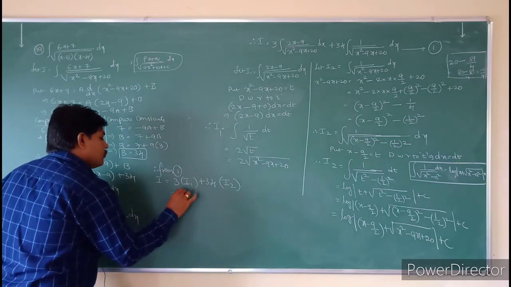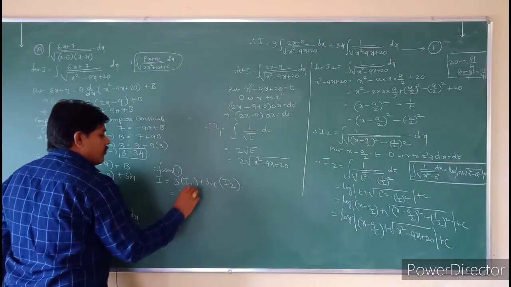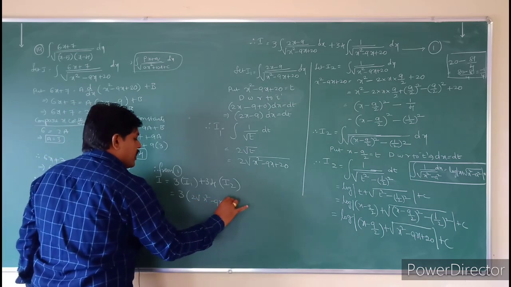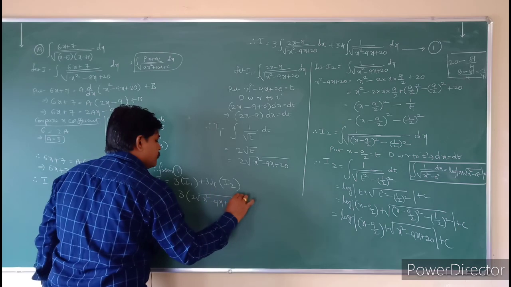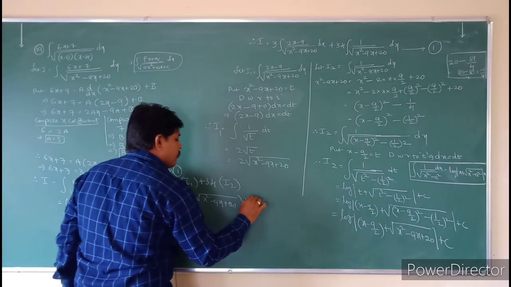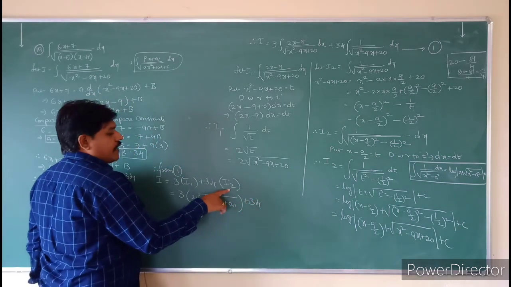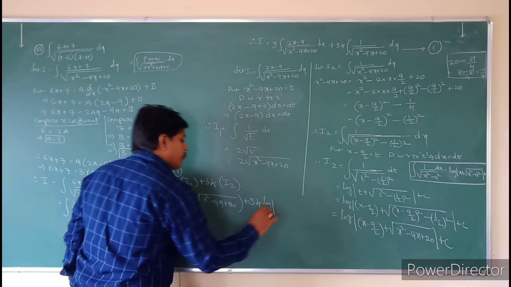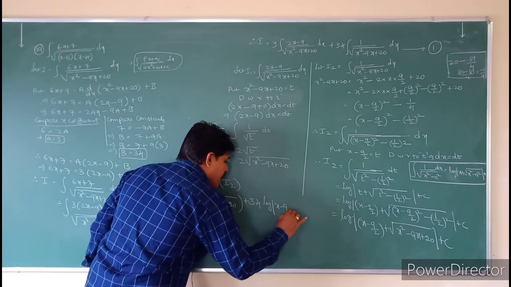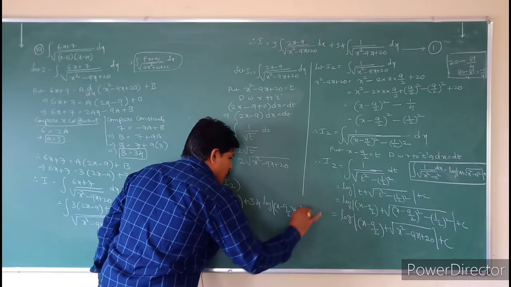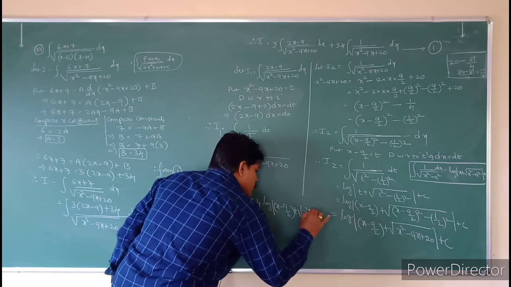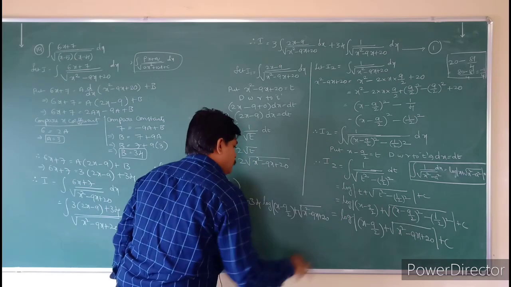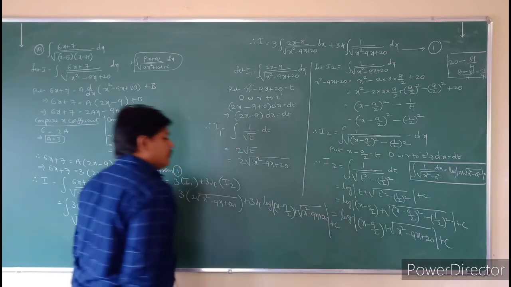So that is equal to 3 into, what is the I1 value? I1 value is 2 into root of x square minus 9x plus 20, plus 34 into, what is the I2 value? I2 value is nothing but log mod x minus 9 by 2 whole plus root of x square minus 9x plus 20, plus c.